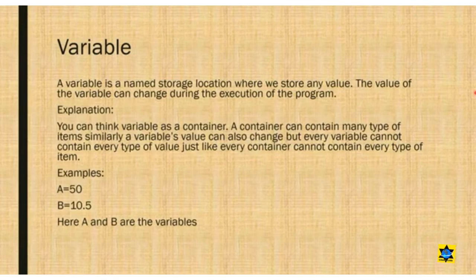Now whatever we store in a variable can change, meaning the value of the variable can be changed. For example, if I say A is 50, then again I can say A is 60 also. Means the value of A can change. A variable can change its value. So in the following example we have A equal to 50, B equal to 10.5. So here A and B are the variables.